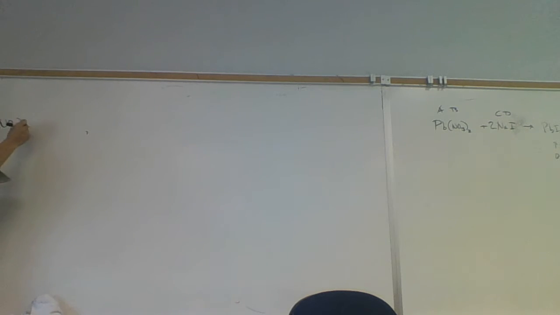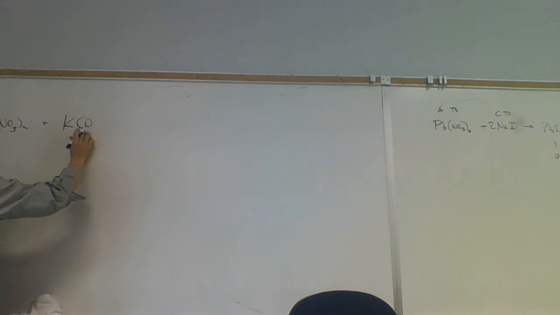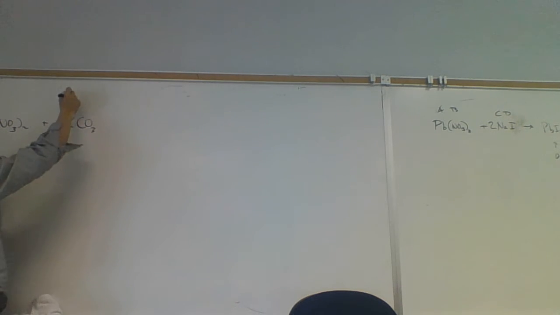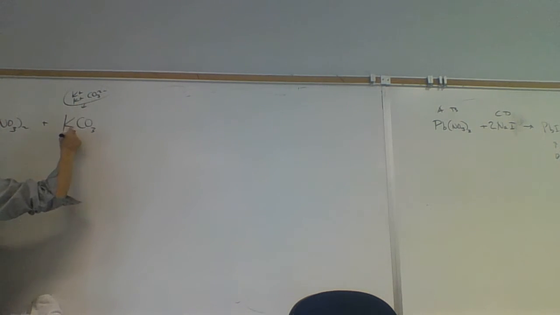Ca(NO3)2 plus potassium carbonate. What's the formula for potassium carbonate? It's going to be K2. Potassium's a plus, carbonate's a 2 minus, so these have to combine. It's going to be K2CO3.